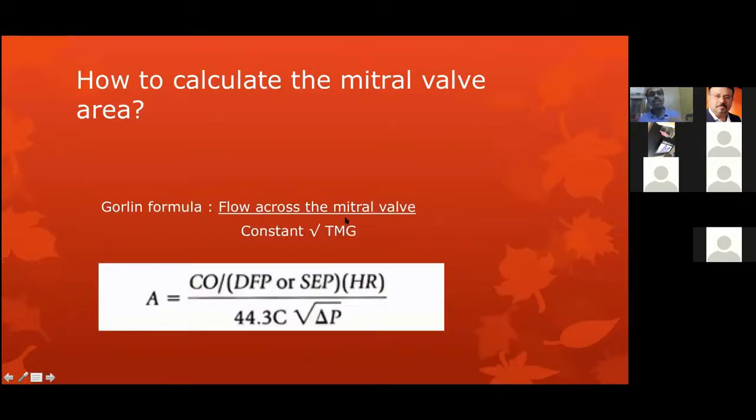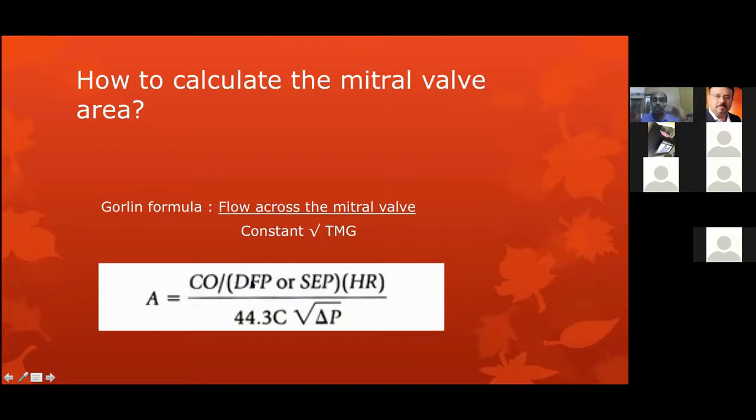Mitral valve area is calculated in the Cath lab using the Gorlin formula, which takes the flow across the mitral valve divided by the root of the mean gradient. The flow across the mitral valve happens only during diastole. So you take the stroke volume, which is cardiac output divided by heart rate, and divide by the diastolic filling period.